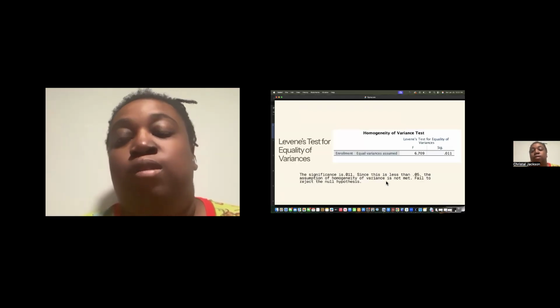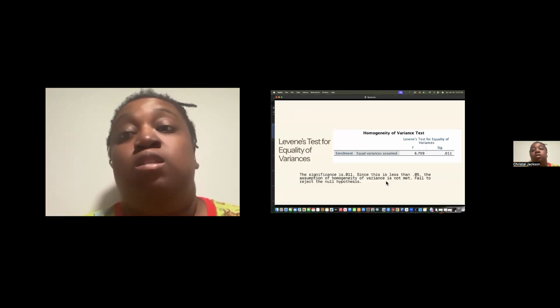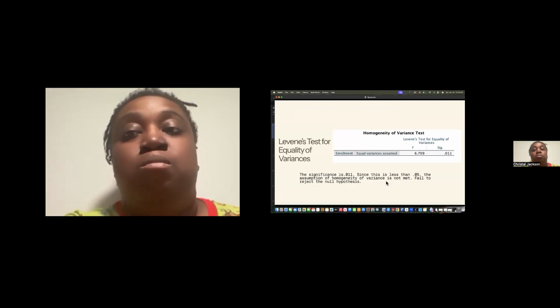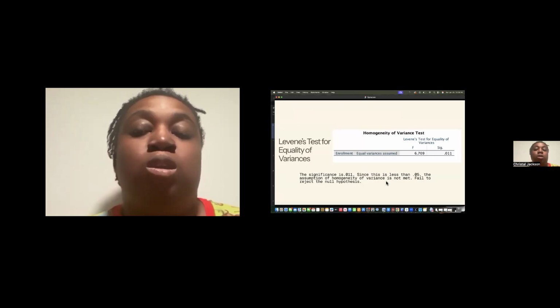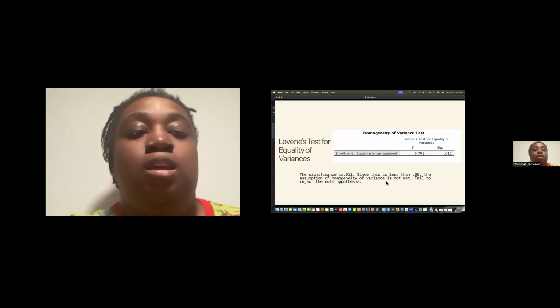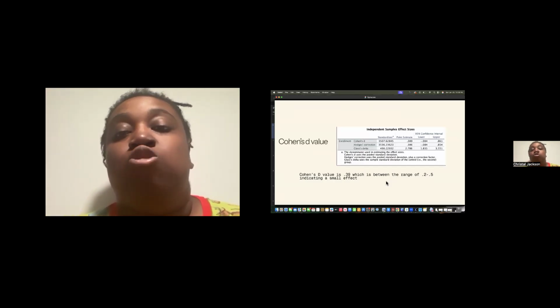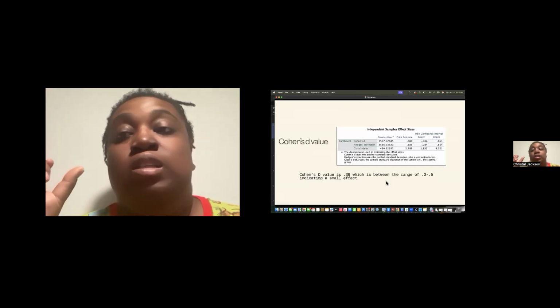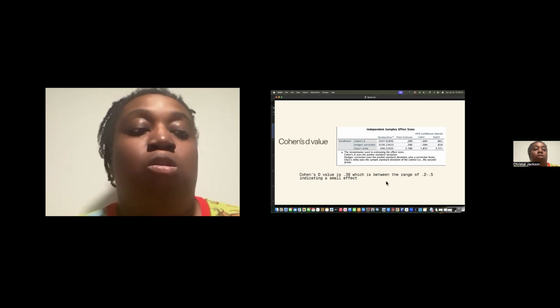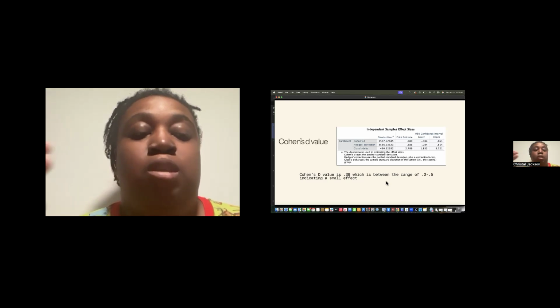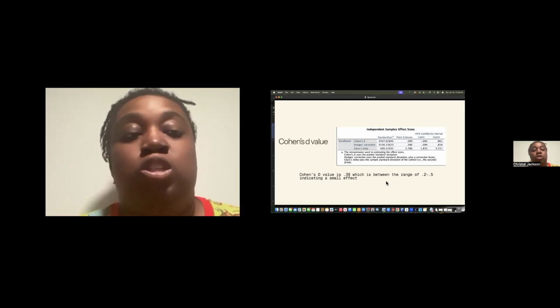From Levene's test, we saw that the significance is 0.011, indicating that there is some significance between the region and the district enrollment. However, Cohen's d-value shows us that the effect is small. So the difference in enrollment between the regions is statistically meaningful, however, the effect of that difference is small.